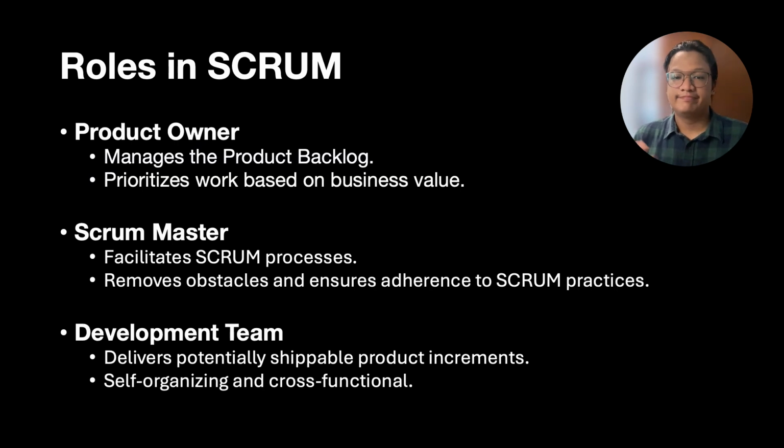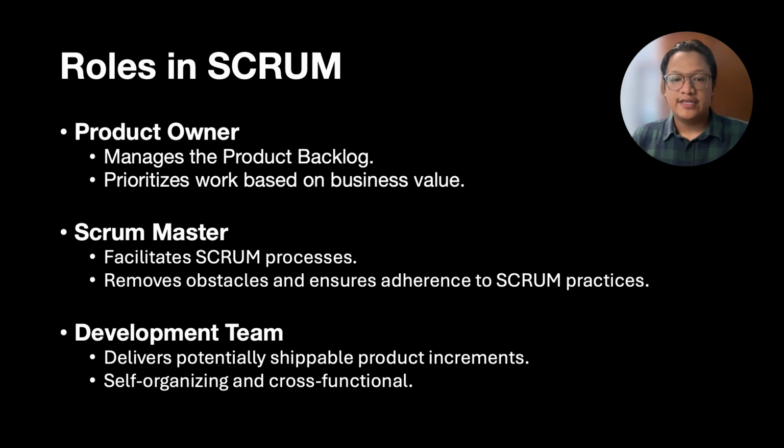The Scrum defines three main roles. The first one is the product owner, and then the Scrum Master and the development team. The product owner is responsible for maximizing the value of the product by managing the product backlog. The Scrum Master serves as a facilitator, ensuring the team follows the Scrum values and the Scrum practices, and removing any obstacles that may happen in the group itself.